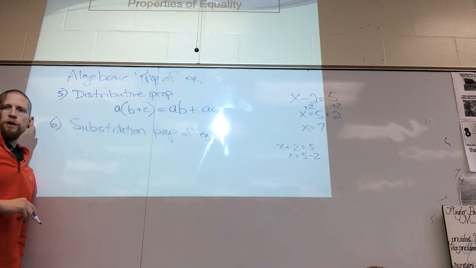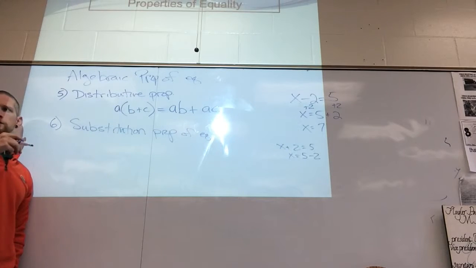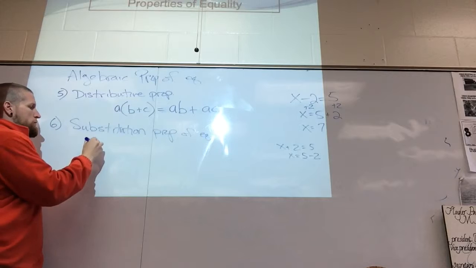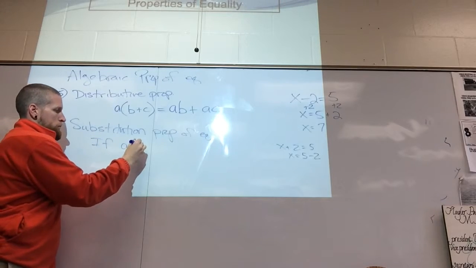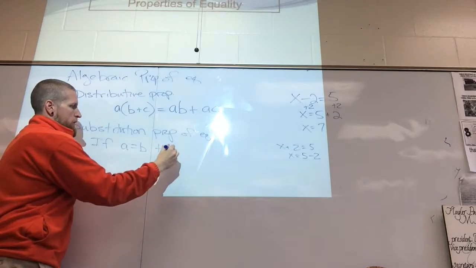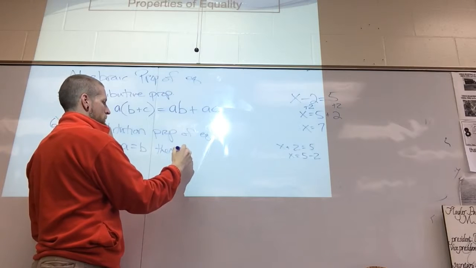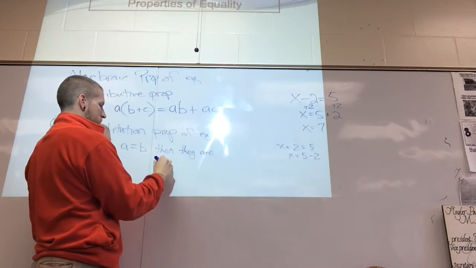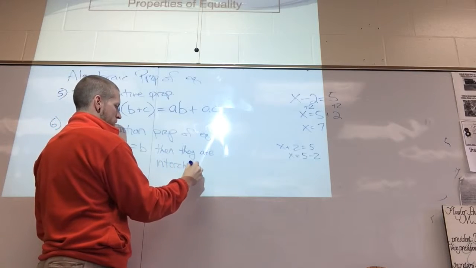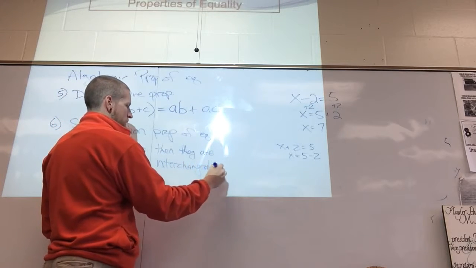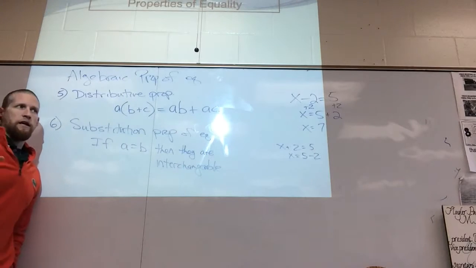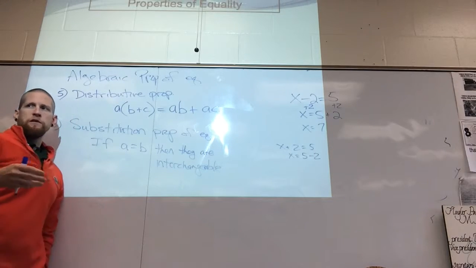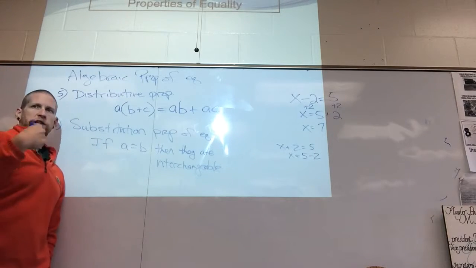So the substitution property is the one that says, look, if you've got two things that are equal, then they're interchangeable, meaning in an equation, anywhere you see one of them, you can replace it with the other.